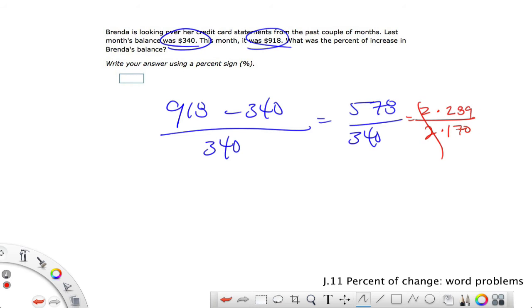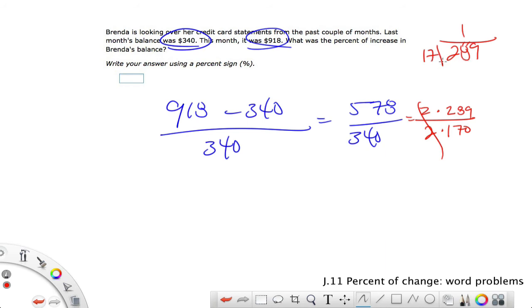I don't see right away what's going to go in here, but I see that this is 17 times 10, so I'm fairly certain that 17 is going to go in. But let's find out. 17 goes into 28, which goes in 1 time. The 11 left over, so 17 into 119. In this case, if I go in 10 times, it's too much.